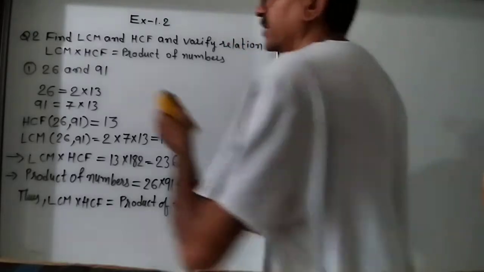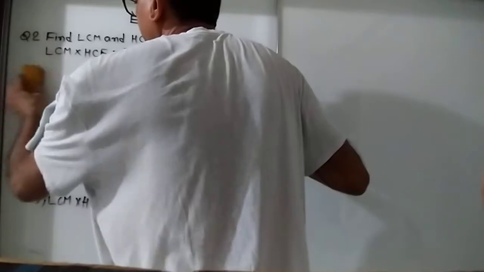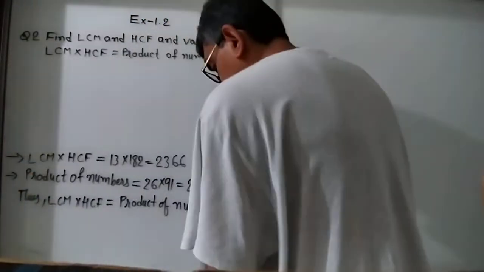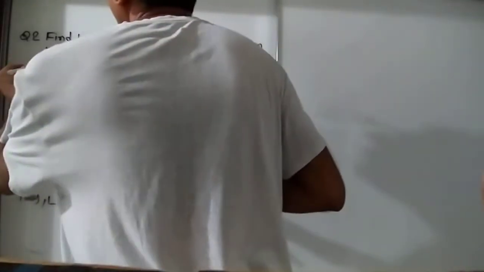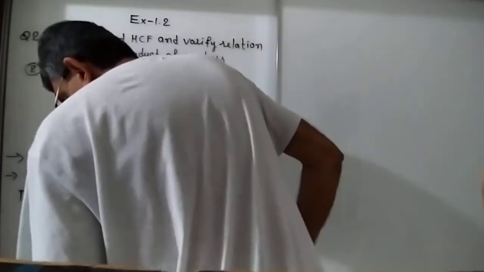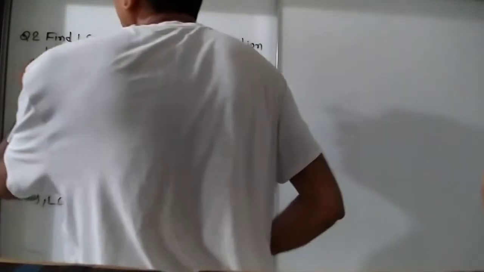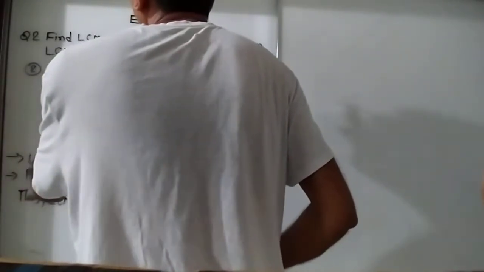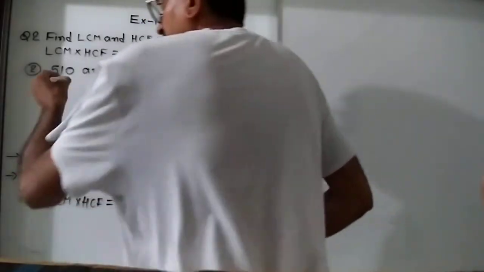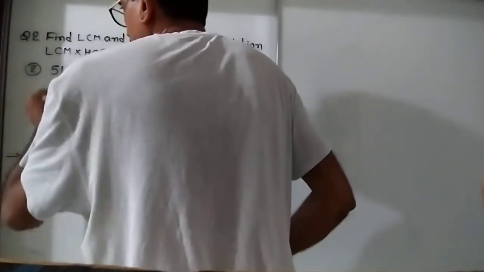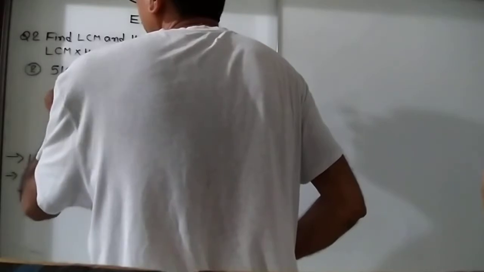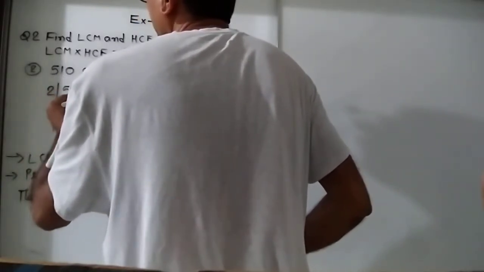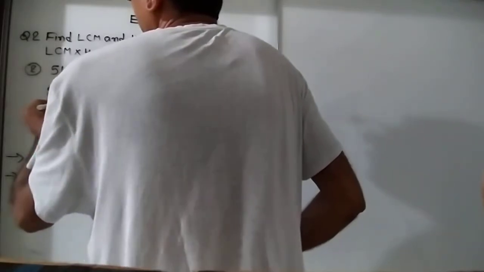Let's do the next sum. In the second sum, the numbers are 510 and 92. This number is a little bigger, so first we factorize by the factor tree method. 510 divided by 2 gives 255.